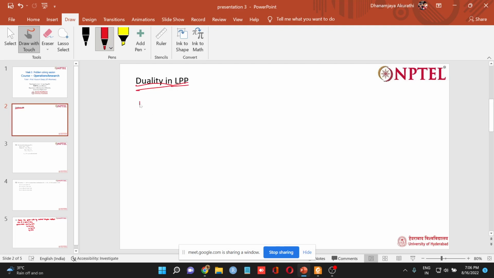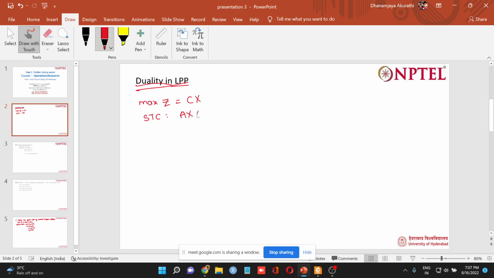Let us suppose that our primal problem is of the form: maximize the objective function Z equal to the cost coefficients c times the decision variables x, subject to constraints, in matrix form, Ax less than or equal to b, where A is the constraint coefficient matrix and x is the decision variable matrix.